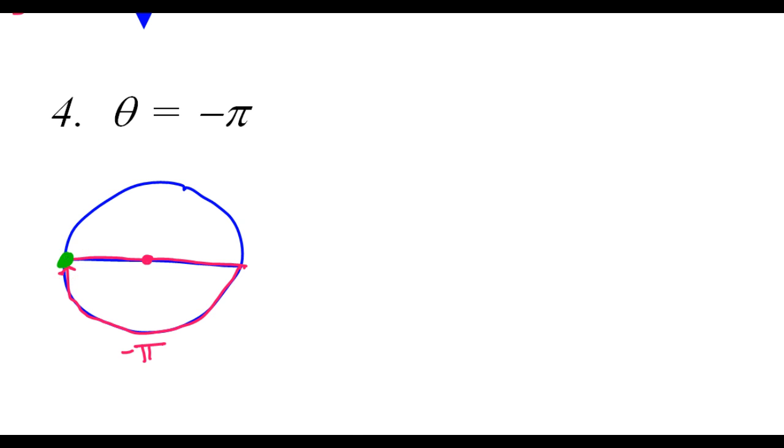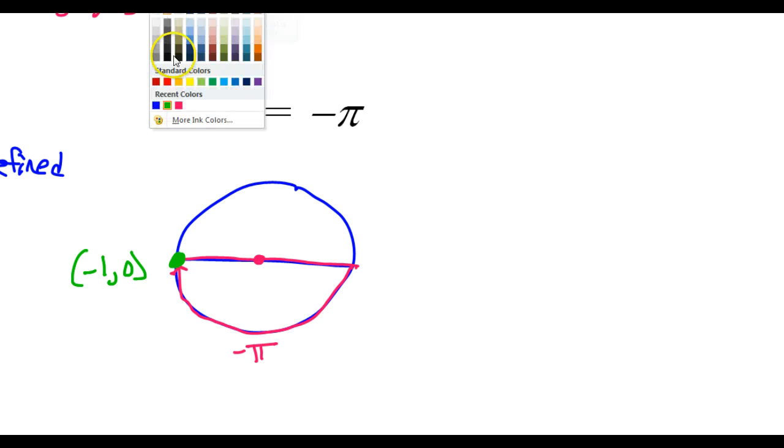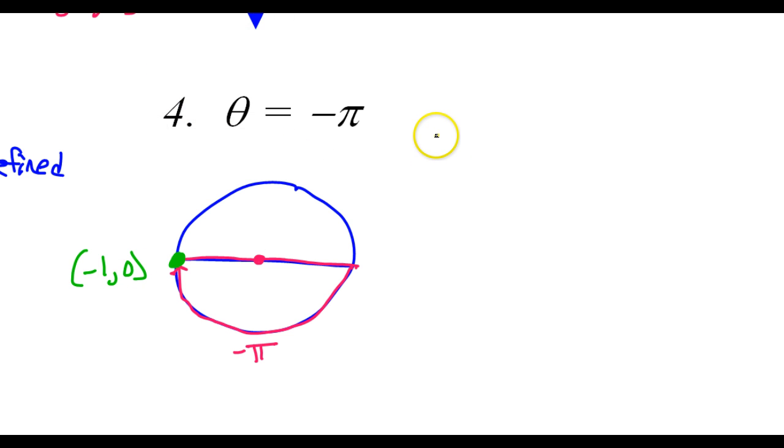Now, what are the coordinates of that point? The coordinates are negative 1, comma, 0. It's left 1, up nothing. Remember that that tells me the cosine and the sine on the unit circle. So right there, I know that the cosine of theta is going to be negative 1 because that's the x value.